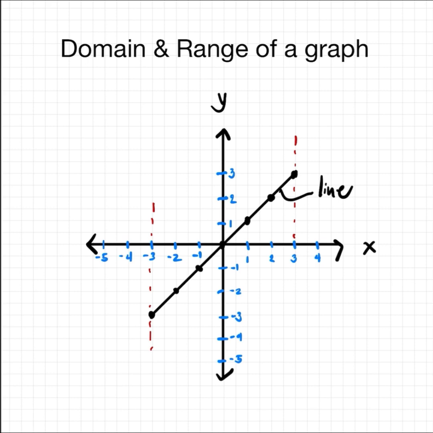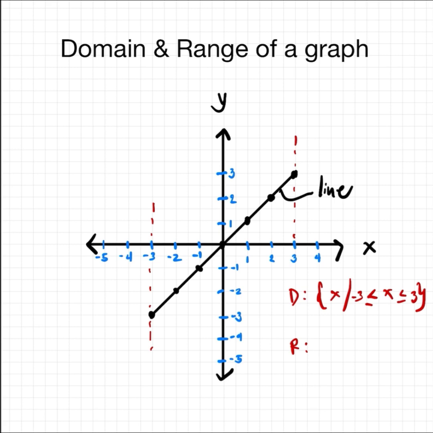So therefore, the domain is all values of x such that x is greater than or equal to -3 but less than or equal to +3. Okay? Now, what about the range?